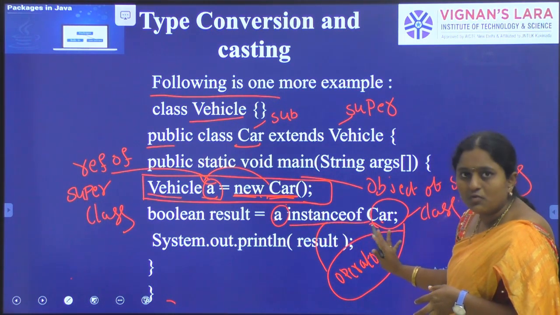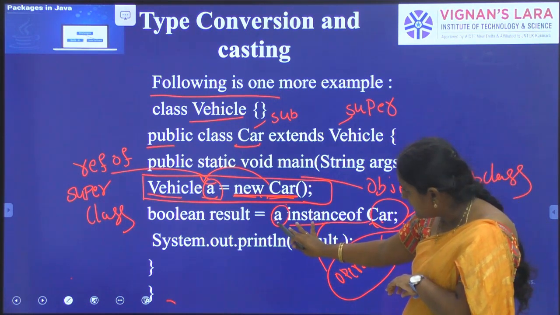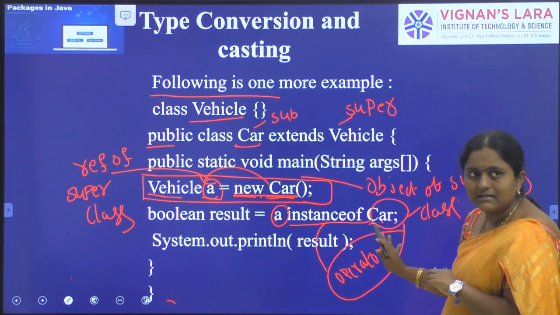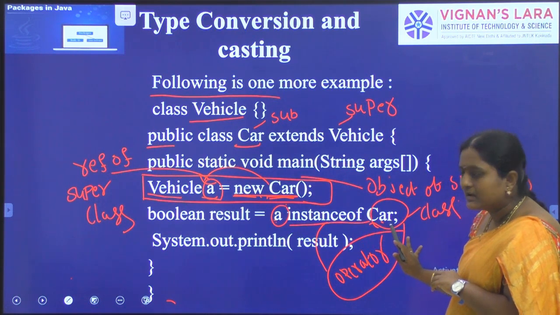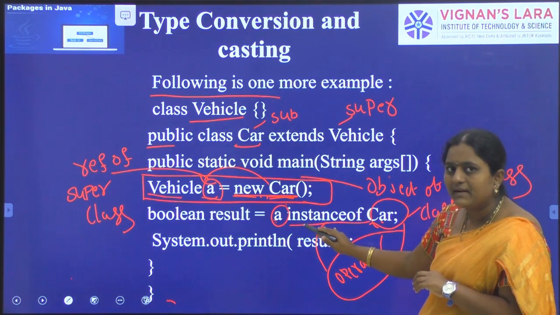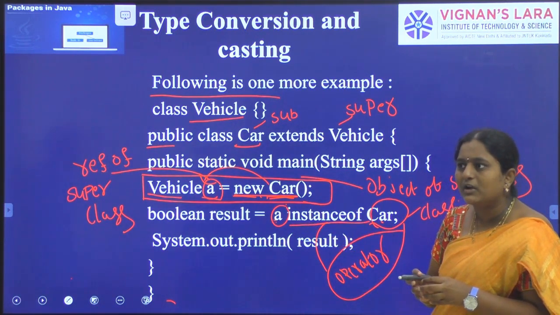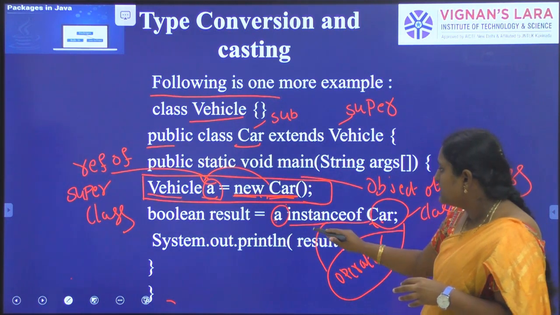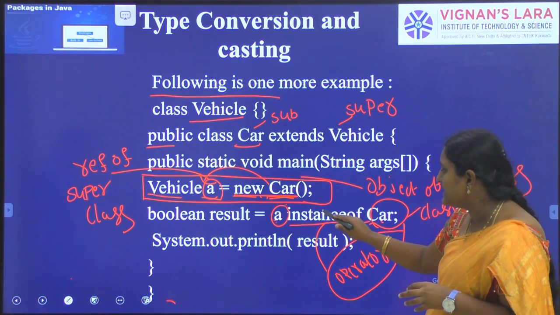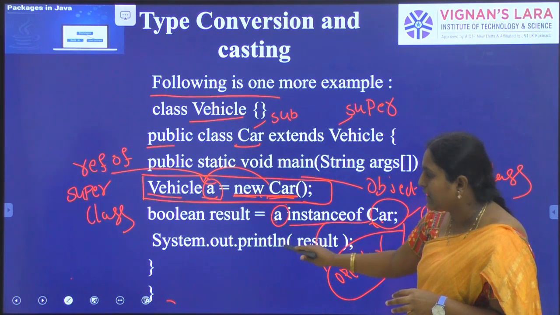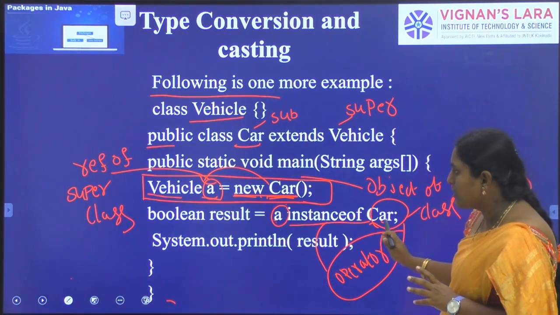So A instanceof Car. Here A is the object name, Car is the class. With the instanceof operator we check whether the object belongs to the particular class or not. Here the instanceof operator checks whether this object A belongs to the class Car or not.